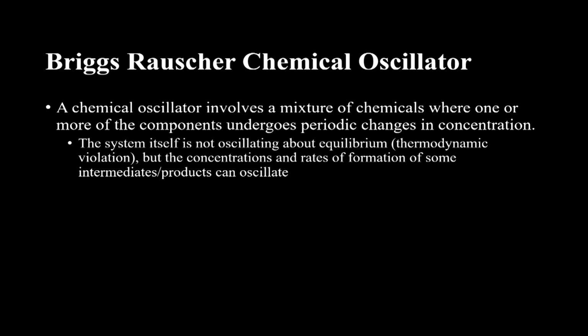So the idea behind a chemical oscillator is a chemical system, a series of compounds mixed together, where there are some undergoing periodic changes. Now the reaction itself is not oscillating to and from equilibrium. That would break the law of thermodynamics, but some of the intermediate components are oscillating back and forth in formation, and the rates at which they're forming might oscillate slightly, but the reaction itself is continually proceeding towards that final settling state, that final equilibrium.